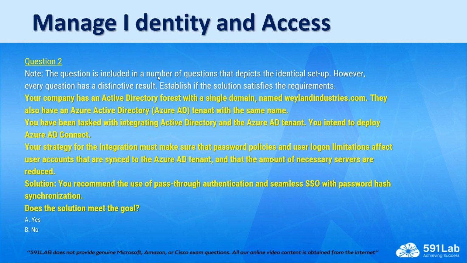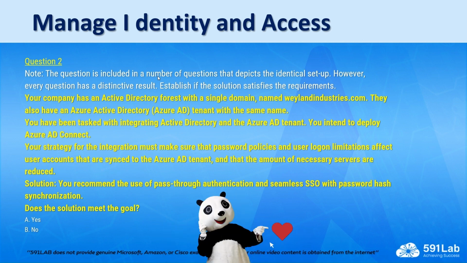So, the solution that is being provided recommends the use of pass-through authentication and seamless single sign-on with password hash synchronization. So the question is, does the solution that has been provided meet the goal as per the given question?